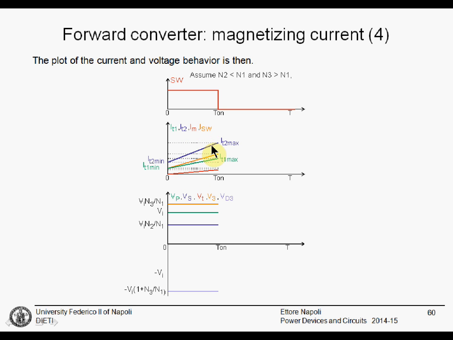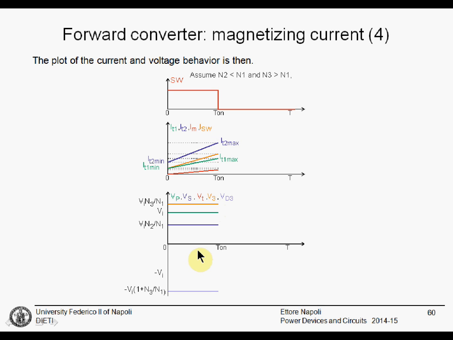In orange, we have the switch current that is slightly larger than IT1 current, and we have the load current, the inductance current, IT2, that starts from a minimum and reaches a maximum here.